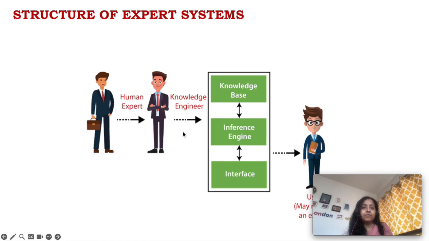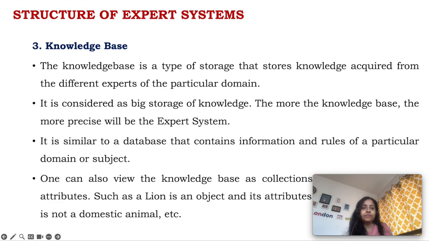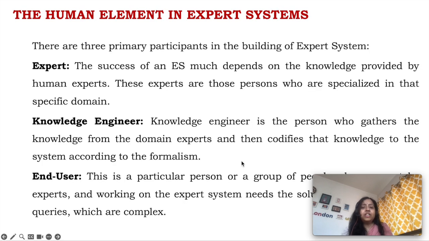That is this person. The human expert transfers all his knowledge to the knowledge engineer. The knowledge engineer is the person who gathers the knowledge from the domain expert and then codifies that knowledge into the system according to the formalism.